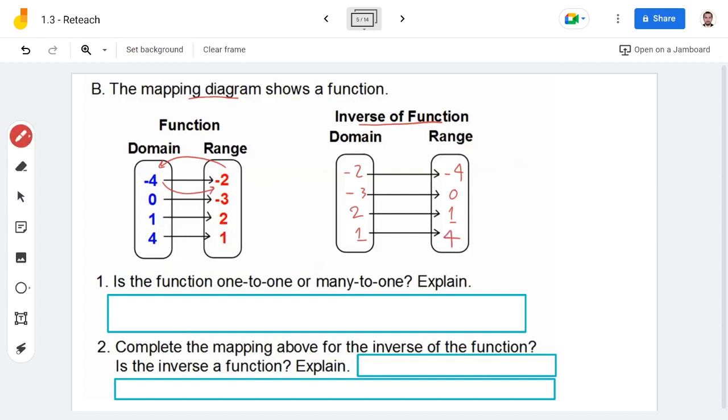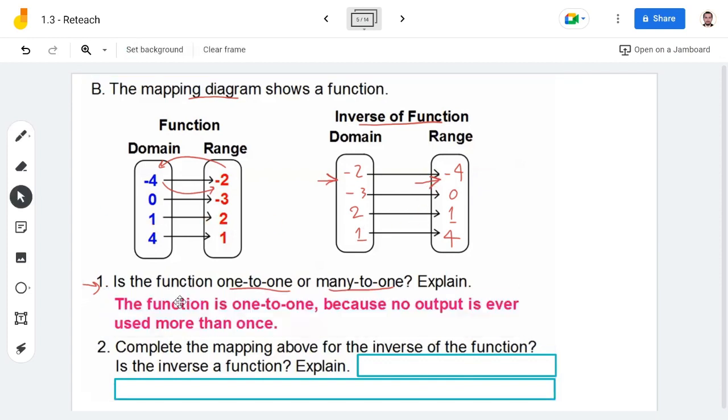Now, let's answer the first question. Is the function one to one or many to one? Explain. As you can see, every input has one output. That means this is a one to one function, because no output is used more than once.